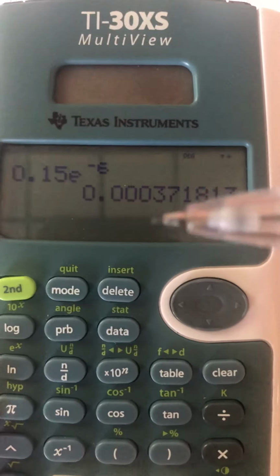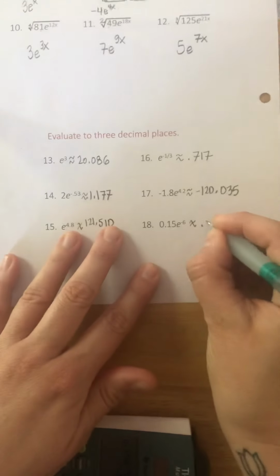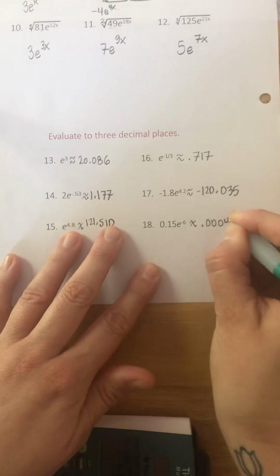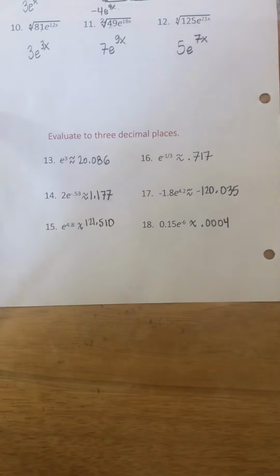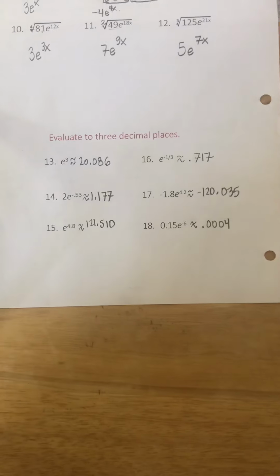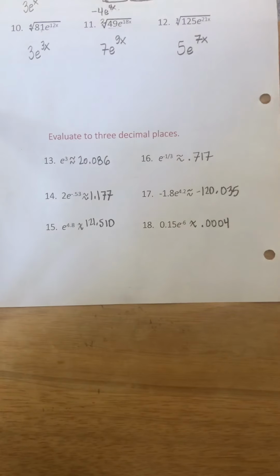The 7 is going to make the 3 go up to a 4. So we're going to say 0.0004. It would not have made a whole lot of sense to have 0.000 whatever. All right, so that takes us through part 1 of 8.3.